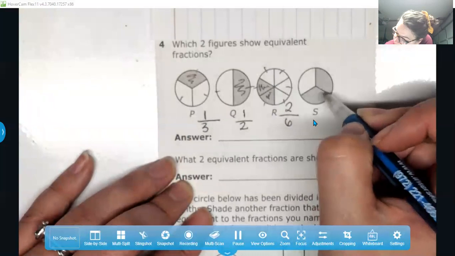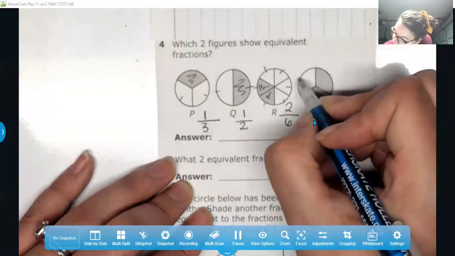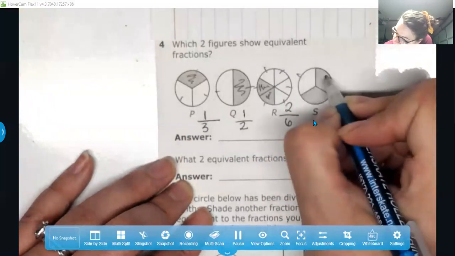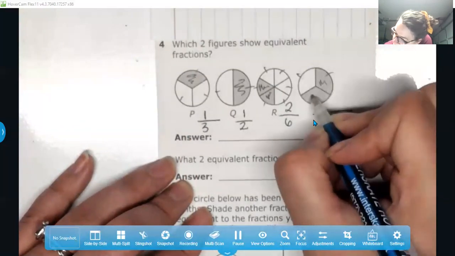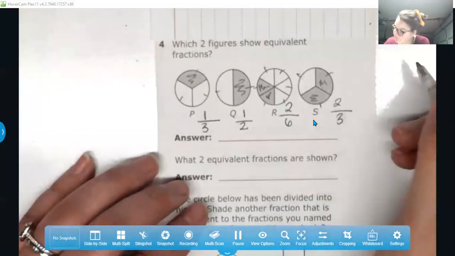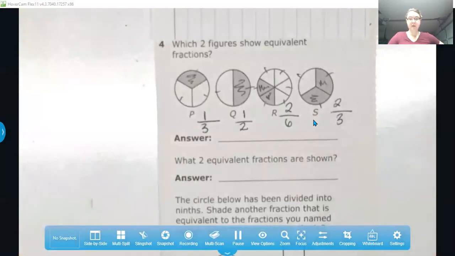And then finally for S, I've got 1, 2, 3 as my whole, and 1, 2 as my part. So these are the fractions that I've got.